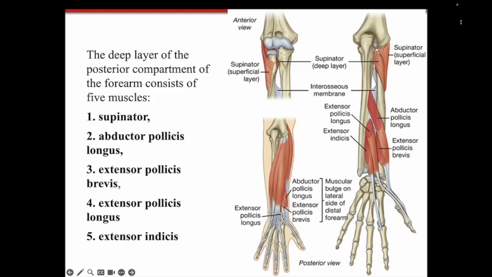So you have here a supinator, the abductor pollicis longus, an extensor pollicis brevis, an extensor pollicis longus, and extensor indicis. So the thumb has these three tendons that are coming from this deeper layer.